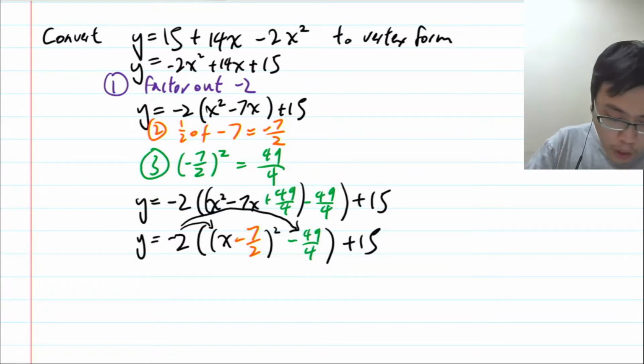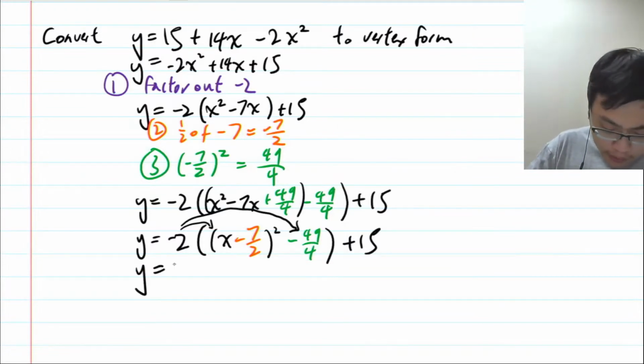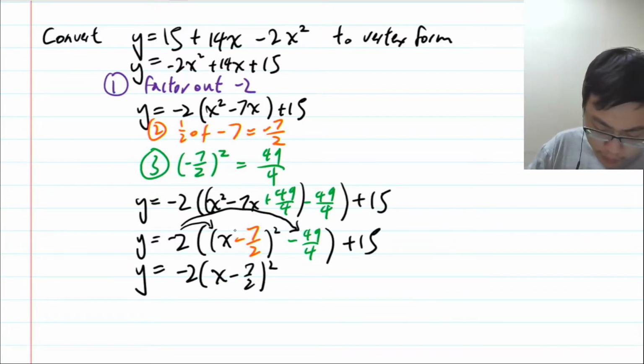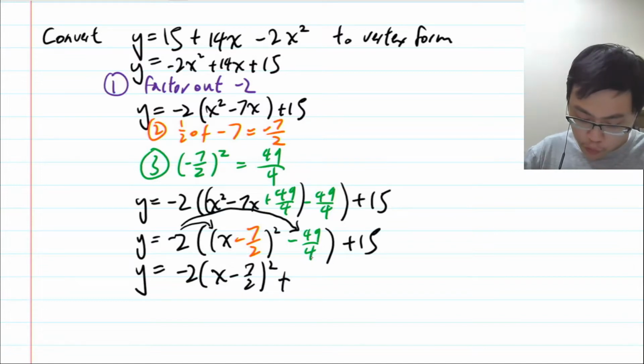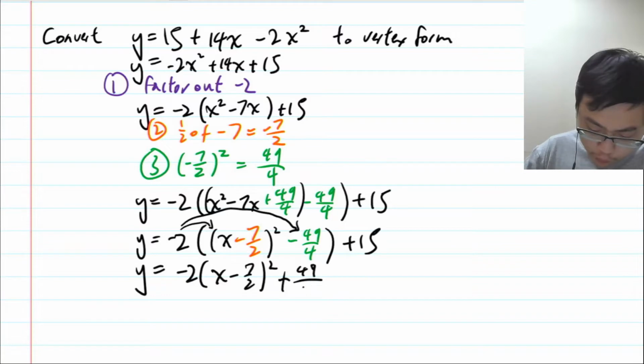And then once the negative 2 goes in, that becomes negative 2 bracket x minus 7 over 2 whole squared. And then this will be negative 49, but negative as well. Negative times negative becomes plus, and then 2 at the top and 4 at the bottom. So the 4 becomes a 2. So we have 2 times 49 all over 4. The 2 and the 4 will simplify with each other to become 1 over 2. So this becomes 49 over 2.